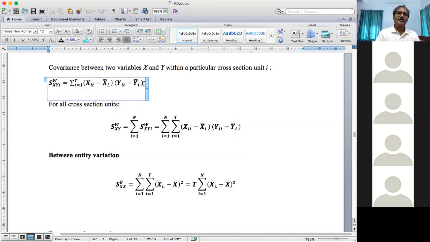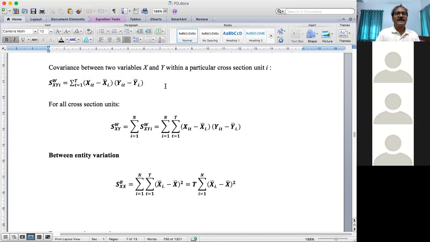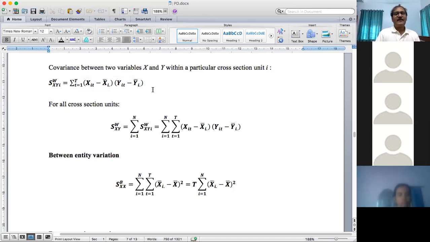Similarly, you can also allow this kind of measure to change over time. In that case, you can calculate a particular covariance term by using a particular row. Here, in the formulation shown on this slide, we have taken a particular column to calculate this covariance. Similarly, if we use a particular row, we can get a covariance for a specific time period.